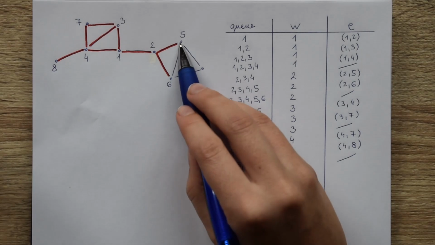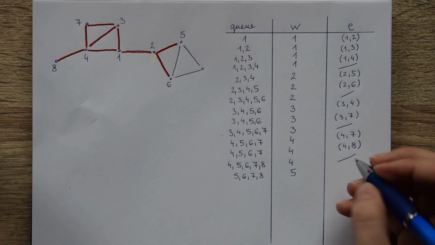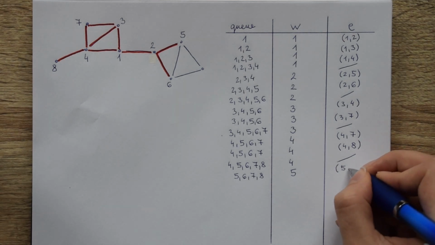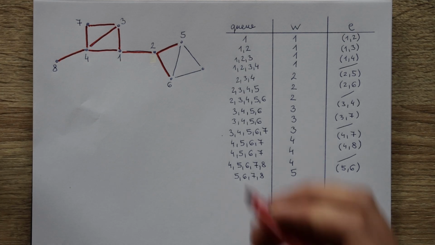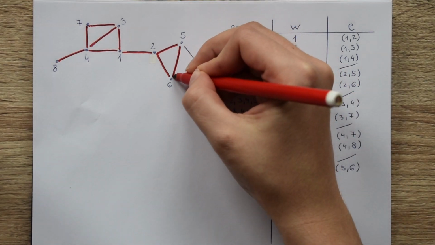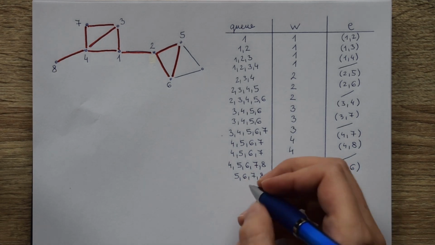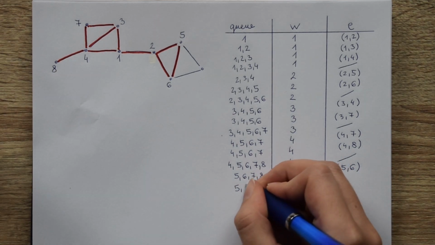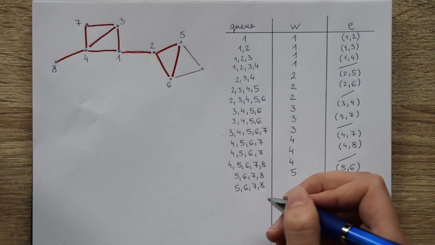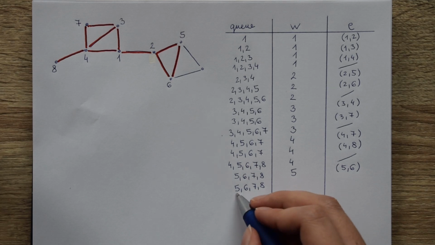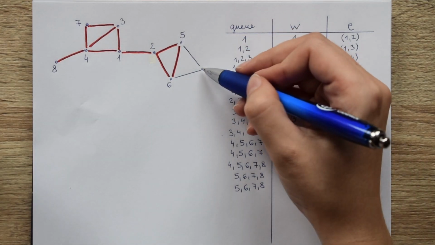From node 5 I can get to node 6 and this edge is not marked yet. So I add this edge to column E and mark this edge. To Q I'm not adding anything, because node 6 is already here. From node 5 I can also get to this node.